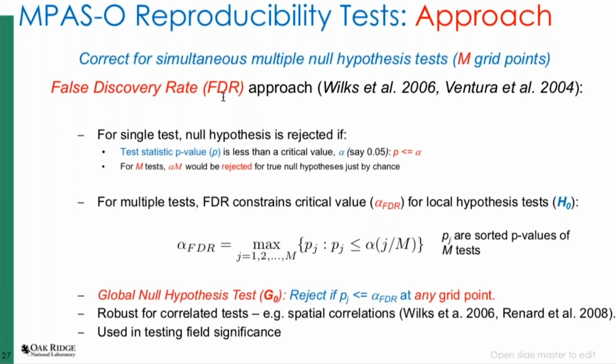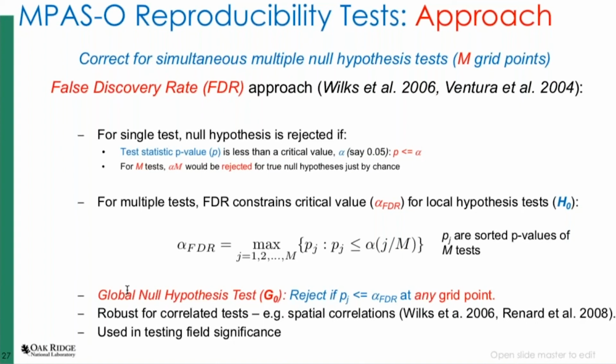If you have a critical value of 0.05 for a significance level of 95%, then this adjustment would reduce it substantially so that none of the points would fail. Your global null hypothesis would be that if none of the points fail, then the null hypothesis is safe. Otherwise, you have to reject the null hypothesis.